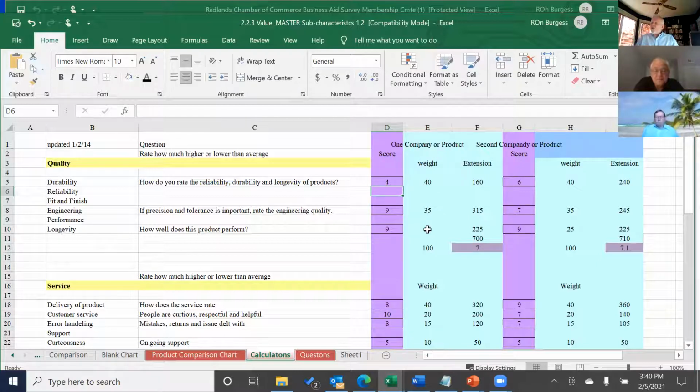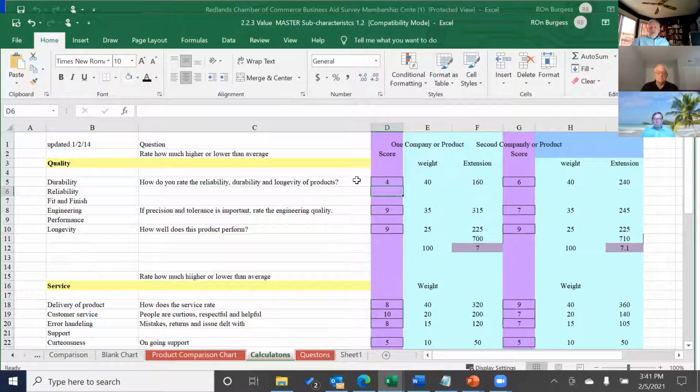And so what it does, by giving you an opportunity to weight each one of these questions, is it allows you to get fairly precise. And then because of the 10-point scale, you can get down to decimal points in terms of really comparing where you are and where your competitor is.